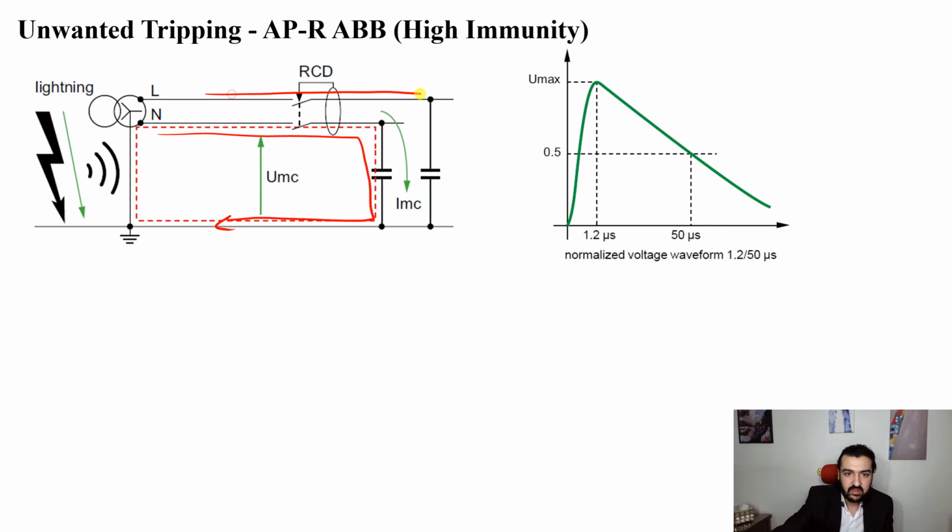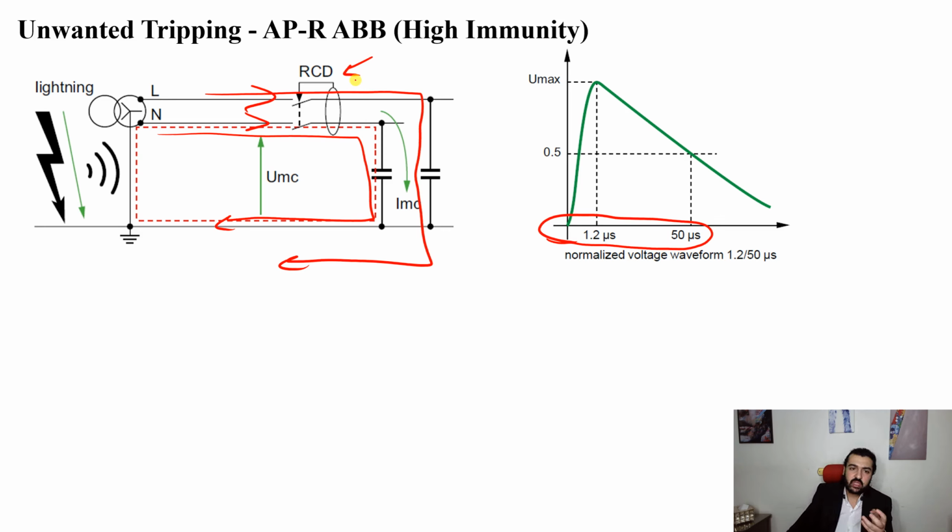So what is the problem? The problem is that the RCD will detect these currents as leakage current despite being in a very short time. However, due to this very large amount of current, this RCD will operate.